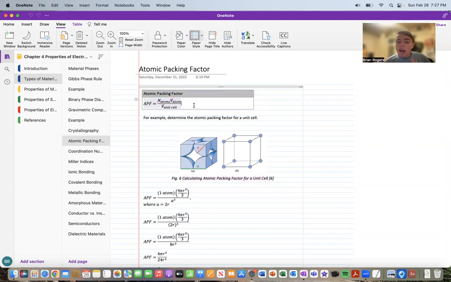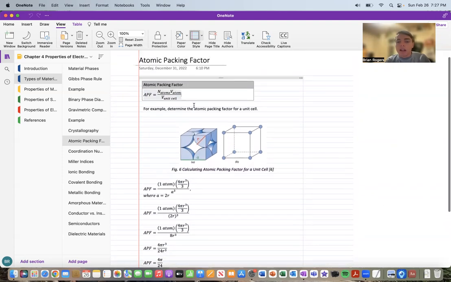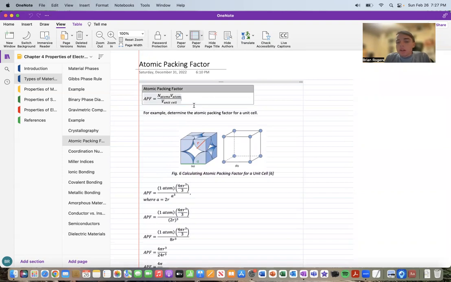Think of this as how many atoms you're trying to pack in. We're trying to determine the atomic packing factor for the unit cell. It's the number of atoms multiplied by the volume of the atom, all over the volume of the unit cell.